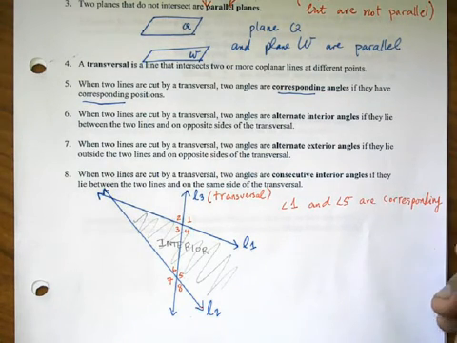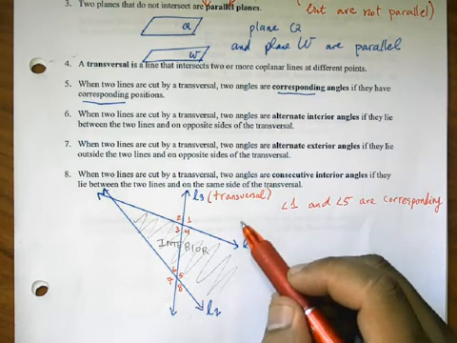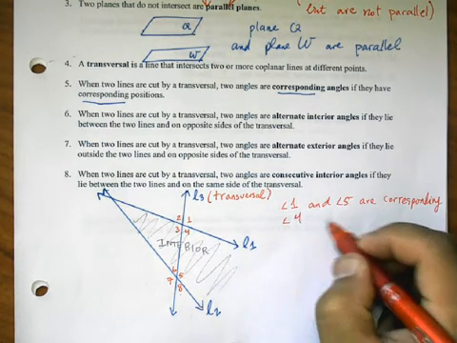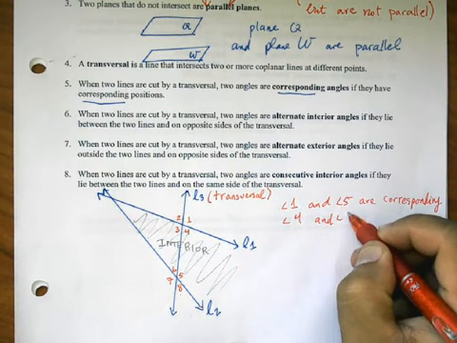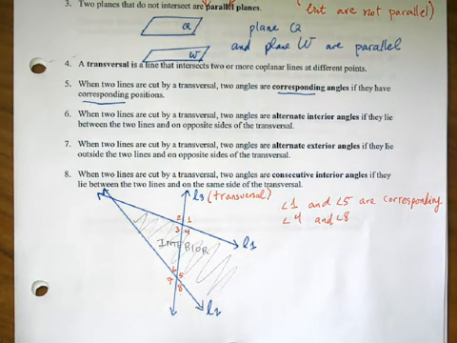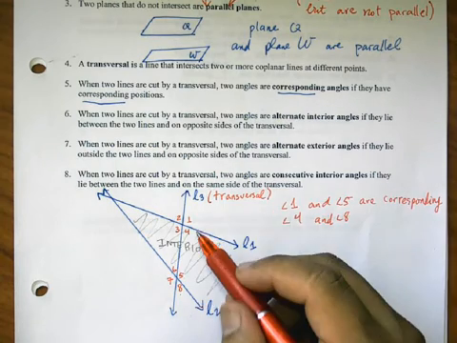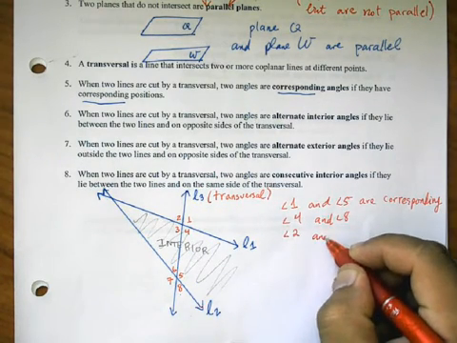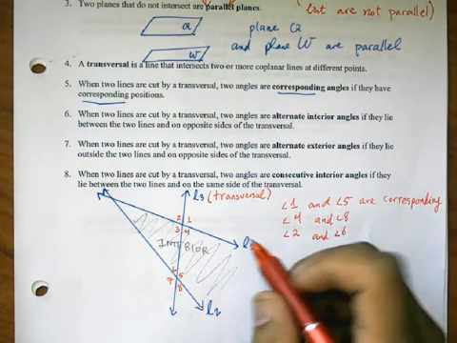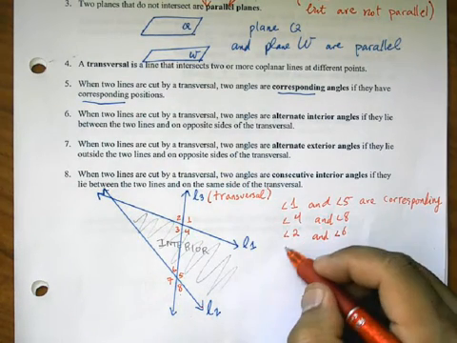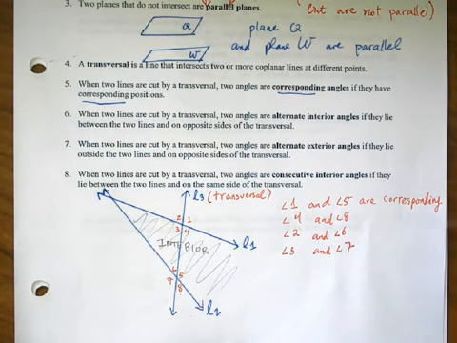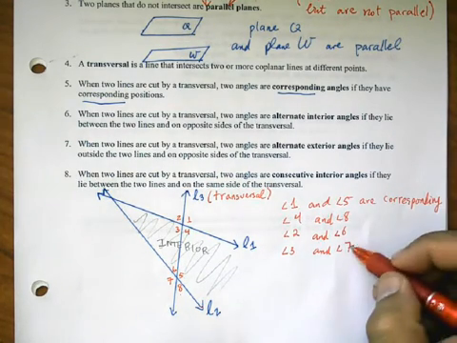So if we apply the similar idea, we can also see that 4 and 8 are corresponding angles, as well as 2 and 6, 3 and 7, and that's about it.